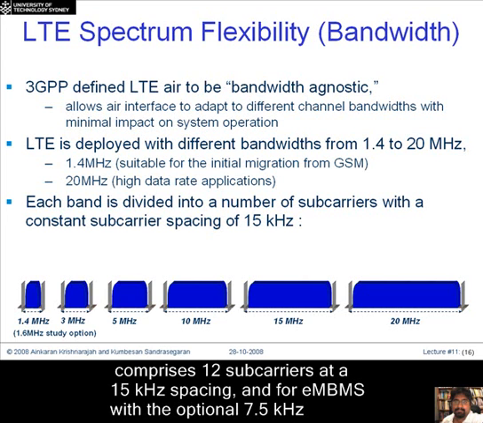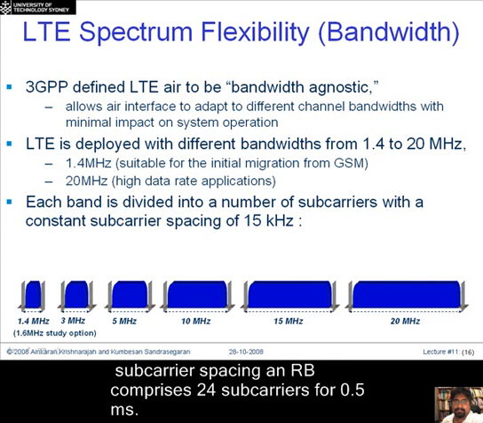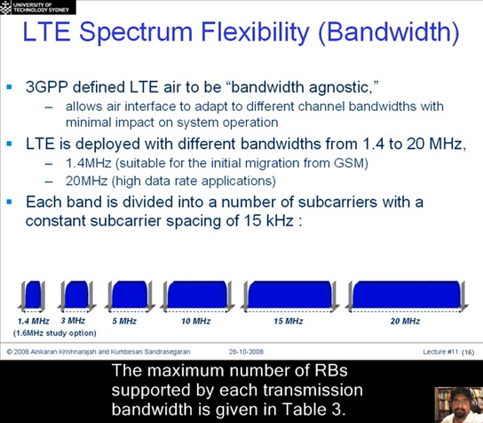So whether you look at the 1.4 megahertz band or the 20 megahertz band, it's divided into 15 kilohertz subcarrier spacing. So that means obviously you're going to have more subcarriers at 20 megahertz compared to 1.4 megahertz. And these subcarriers form the basis of defining what is allocated to a user.